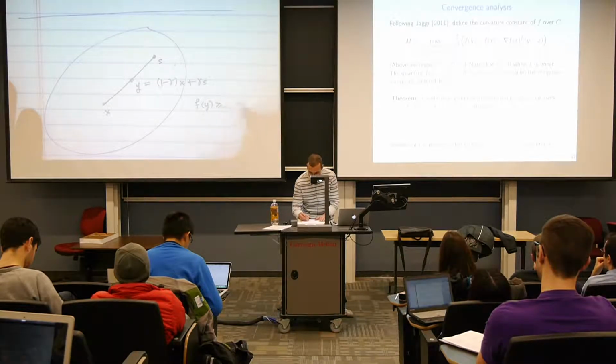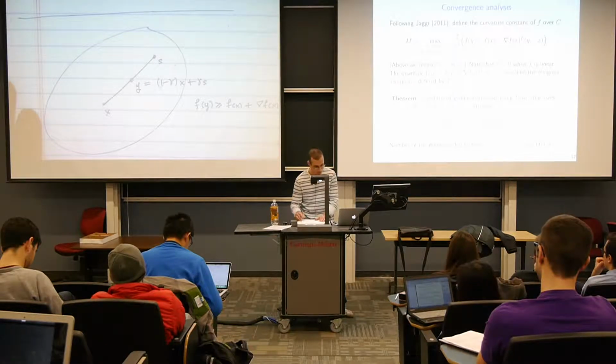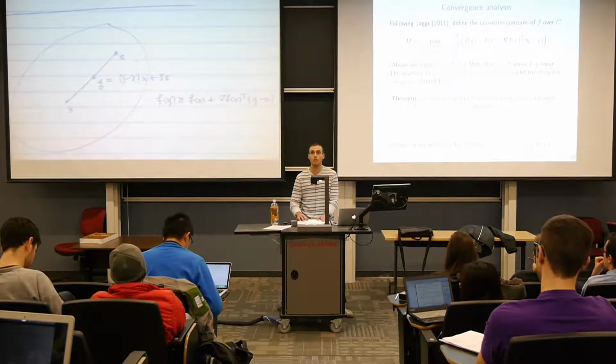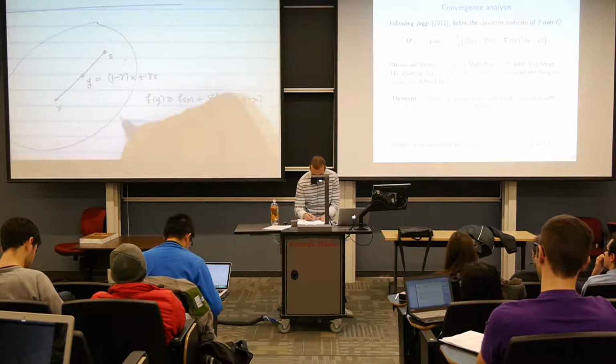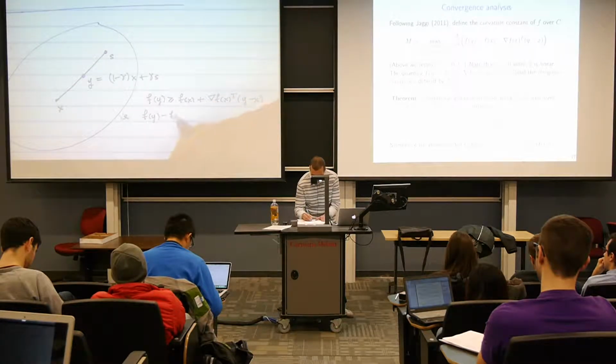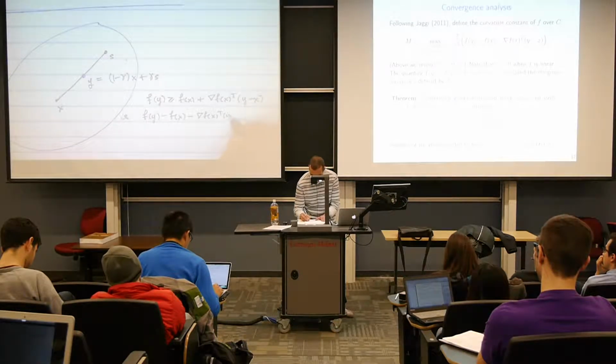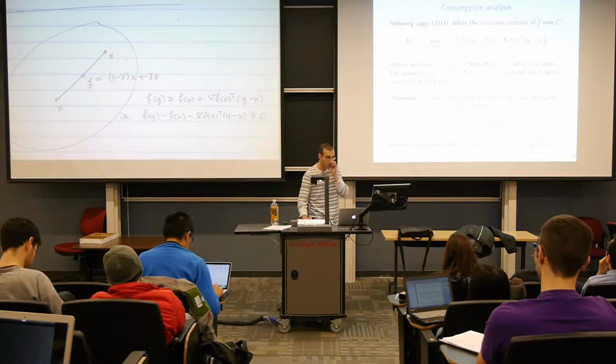The first order condition for convexity tells me this. Right, I know that's true. In other words, I know this is true. But now the question is, what is an upper bound on this quantity?